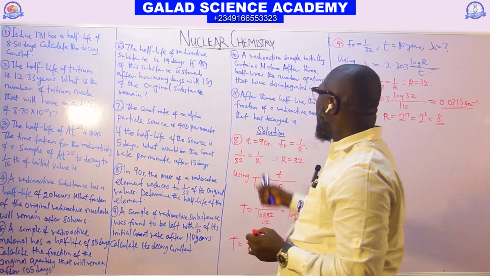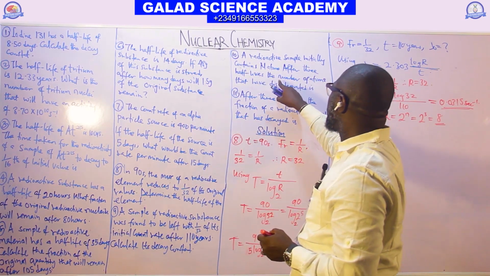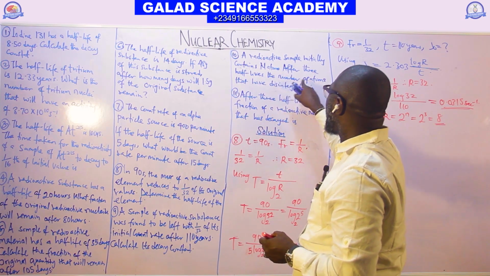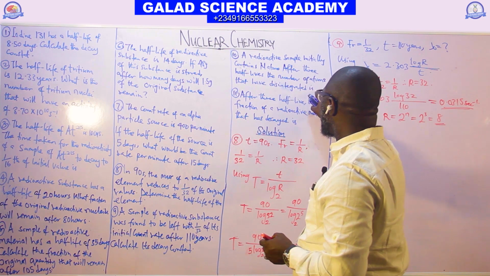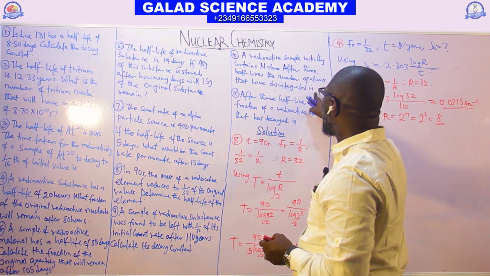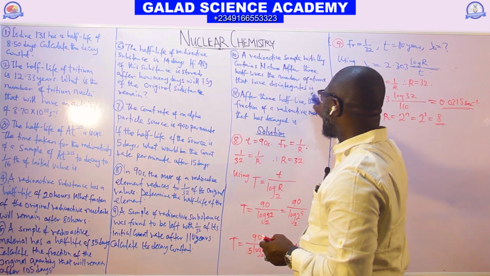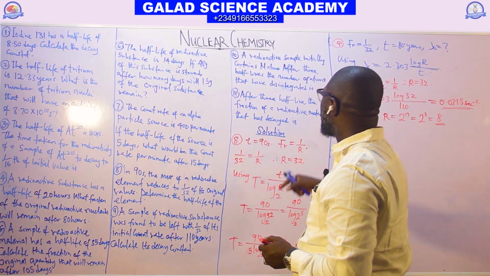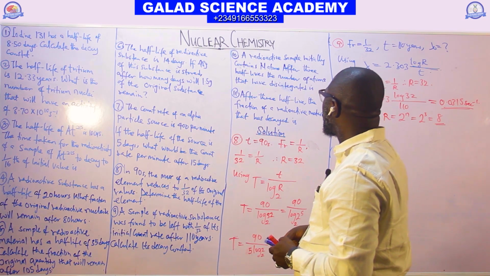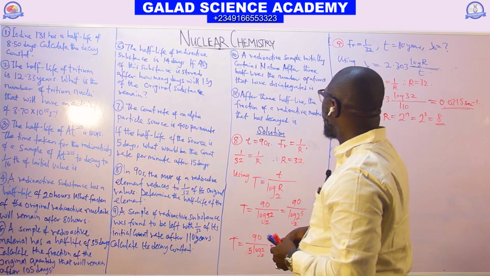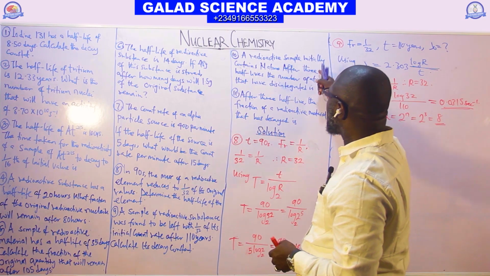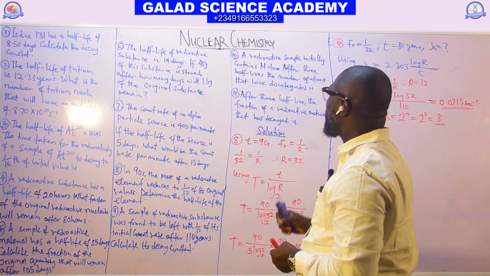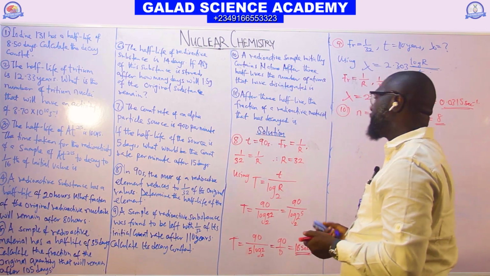Good. We are asked, after 3 half-lives, the number of atoms that has decayed, the fraction of this material that has decayed. Question 10 and this one are almost the same.